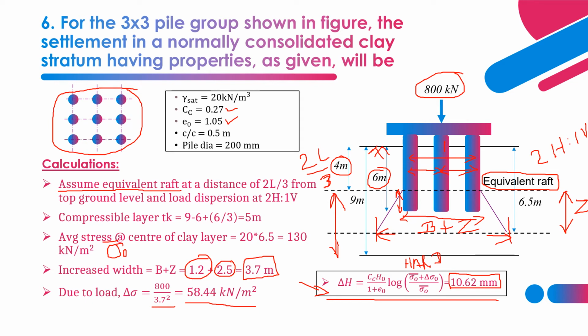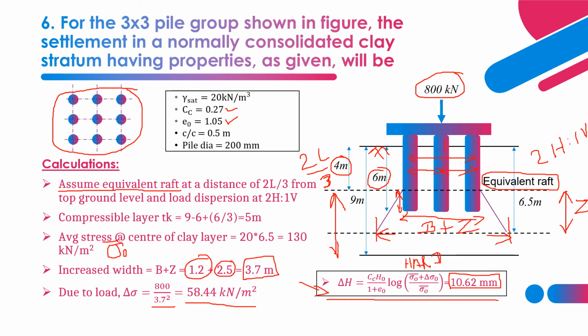We have to find the increase in stress due to the external load or building load, and then substitute everything in the ultimate settlement formula: Cc H naught by 1 plus e naught, log of sigma naught bar plus del sigma bar divided by sigma naught bar.